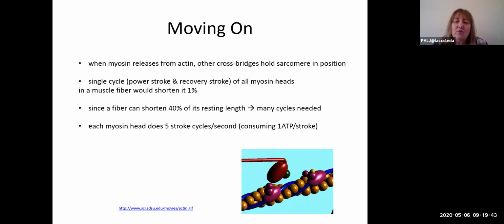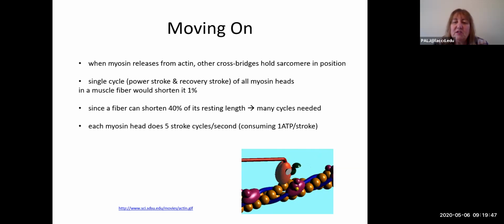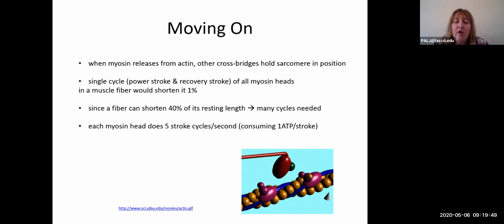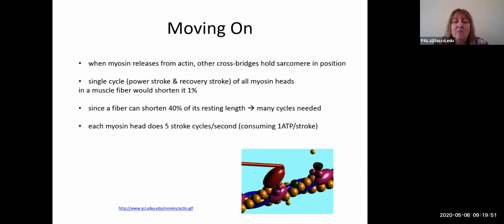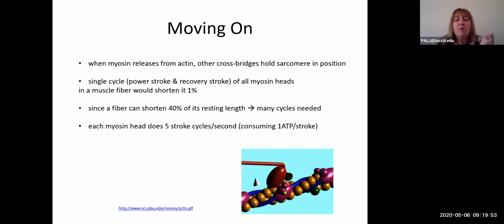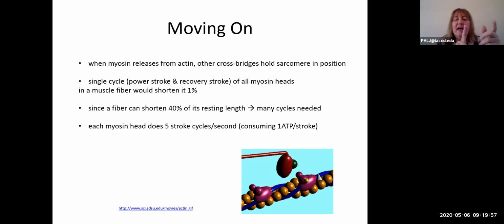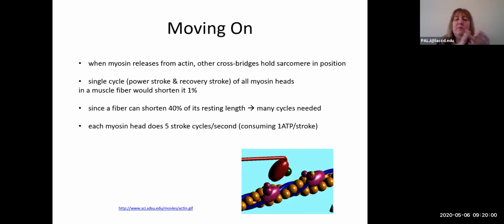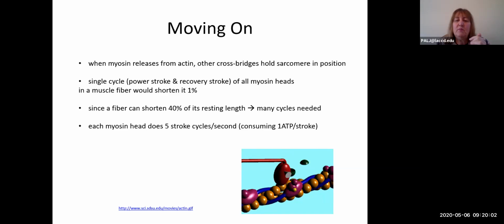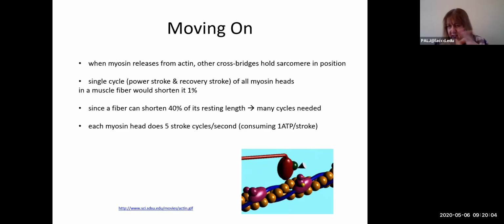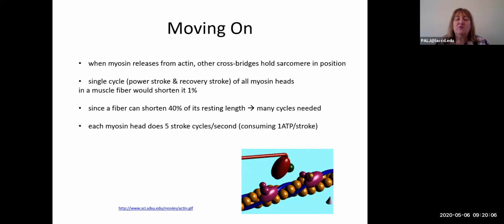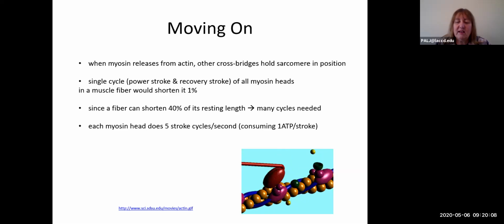So now that we've gone through all this detail, I want you to look at this picture for a prolonged period of time and make sure you're talking about actin, tropomyosin, troponin, calcium, myosin head, ATP, ATPase, ADP, and Pi, or in other words, inorganic phosphate, and you should be able to see everything that's going on at this point in time.